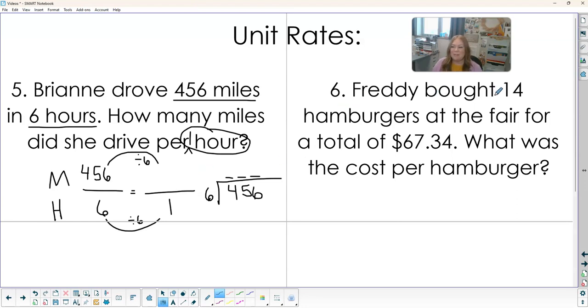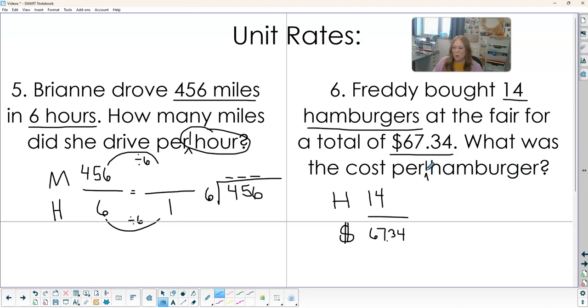Next up, we have Freddie bought 14 hamburgers. So there's our first label, hamburgers, at the fair for a total of $67.34. So we're comparing it to money. So we have 14 hamburgers, cost $67.34. What was the cost per hamburger?